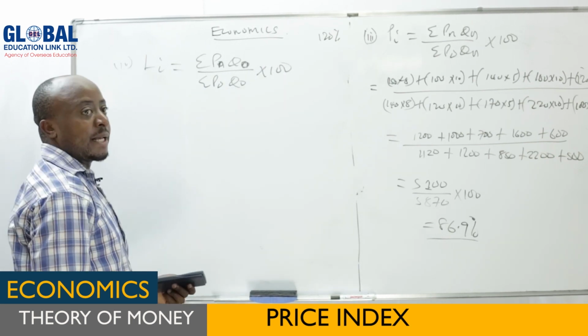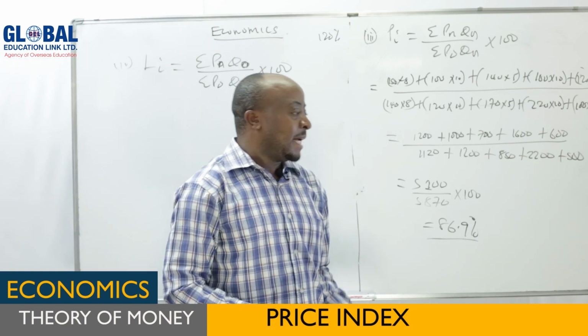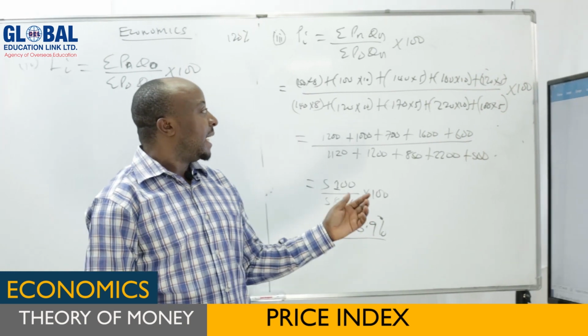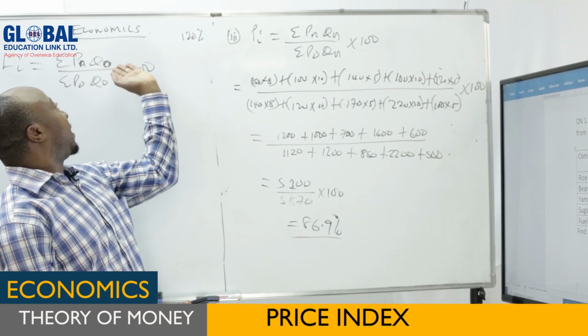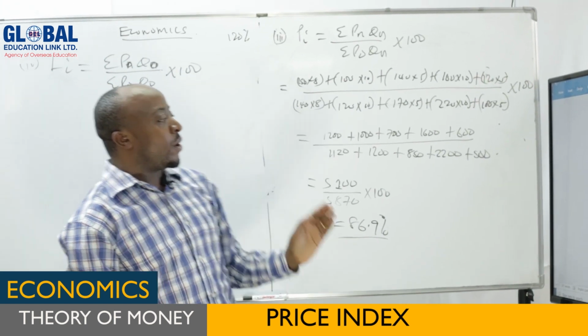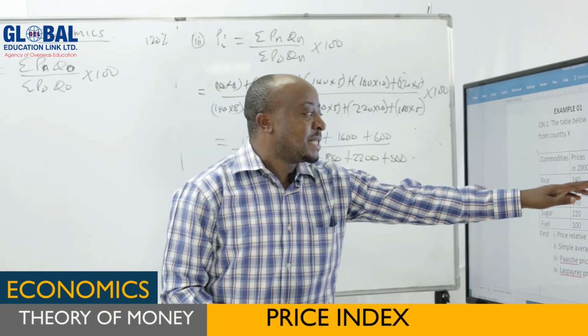This is for Laspeyres. Now from the question there, you can see for Laspeyres, it is the summation of PnQ0, likewise the summation of P0Q0. It means P0Q0 is this one times this one.